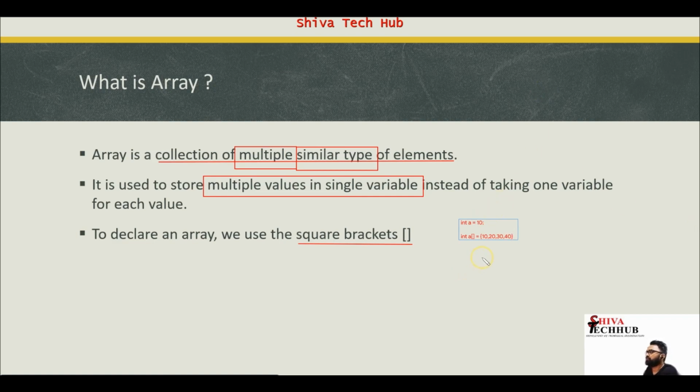Right, so this is a difference. So here the variable is the same for all the elements like 10, 20, 30, 40. Just that if you want to access a particular element, you can do it by using its index position. Okay, so for example, a of 0, 10 will be written. So a of 1, 20 will be written, a of 2, 30 will be written, and a of 3, 40 will be written, and so on. Okay.